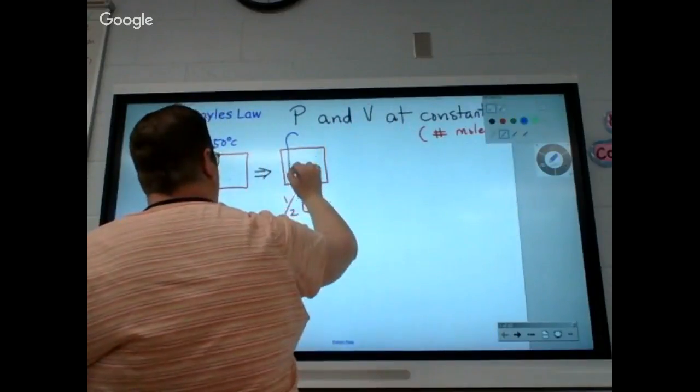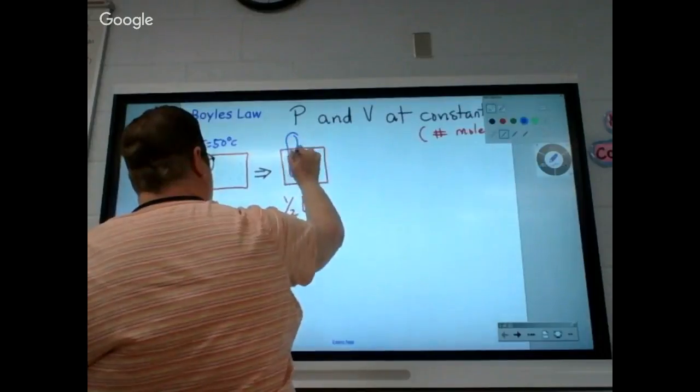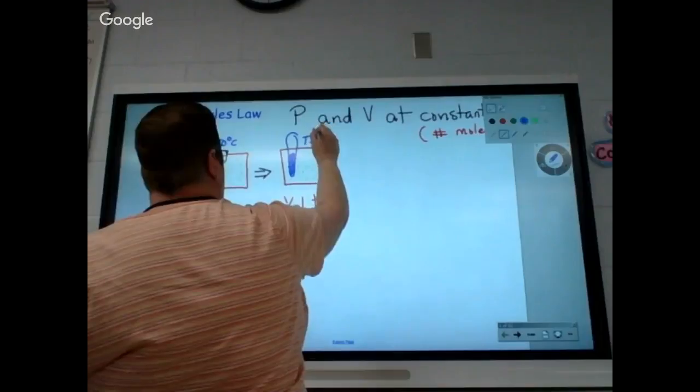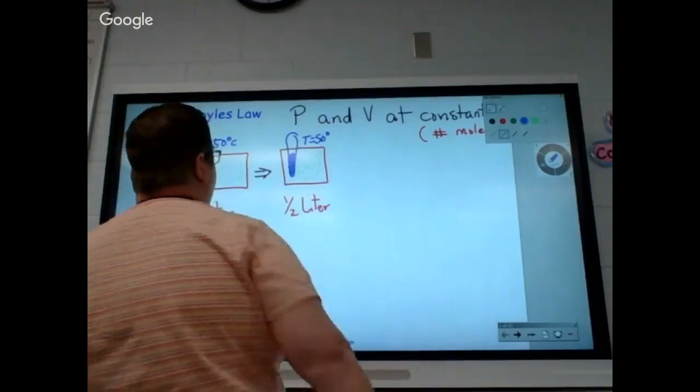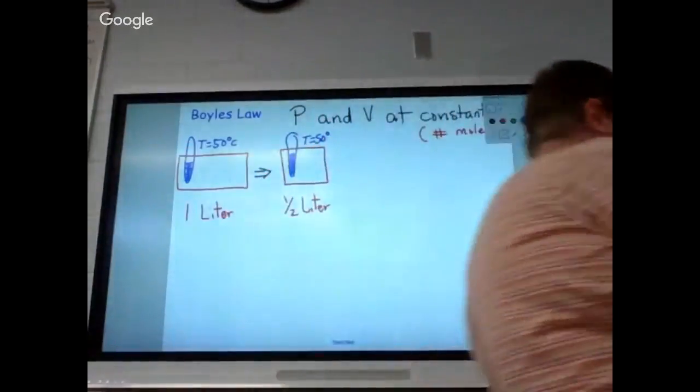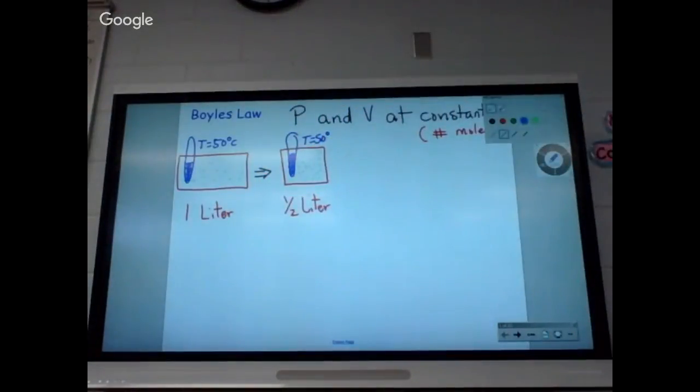Okay. And now my thermometer looks like a billy club. All right. Now, we have to understand what's happening inside of my container.